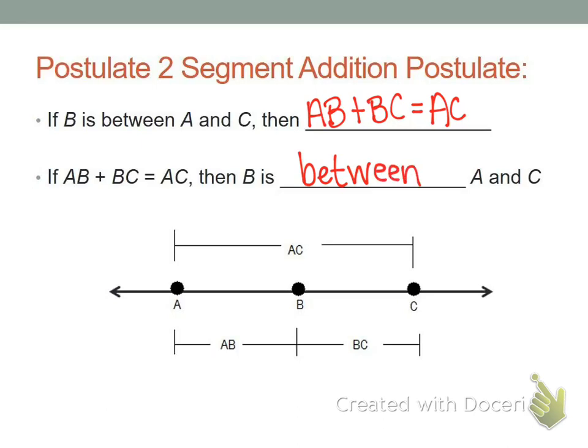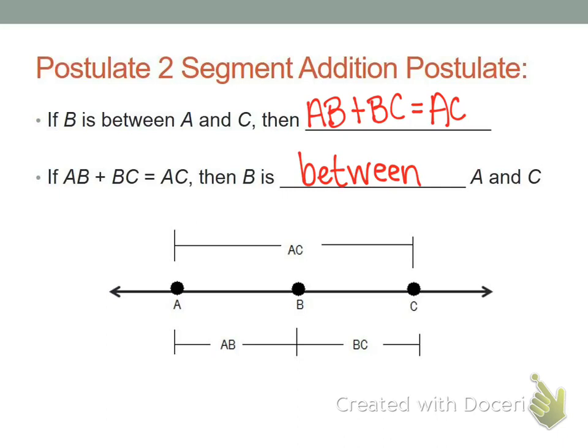Now, before we flip over and move on, we do have a little bit we need to talk about with this. Seems simple and straightforward, and it is, but our notation in geometry gets a little picky. Notice that I did not put a bar over these AB, BC, and AC. If there is not a bar over them, we're talking about their length or a number that represents them.